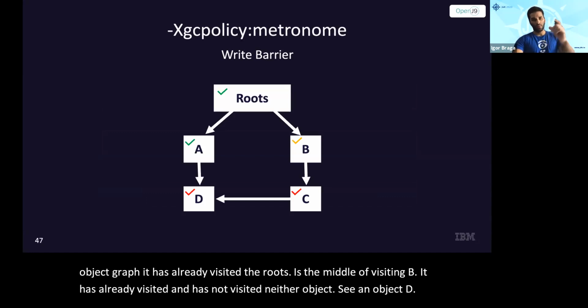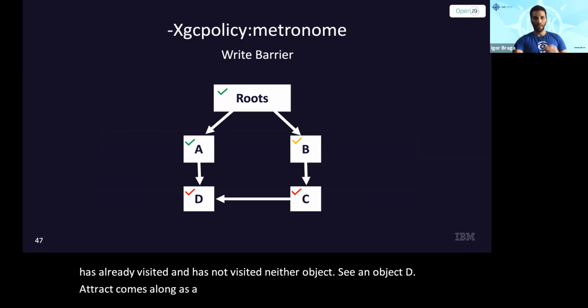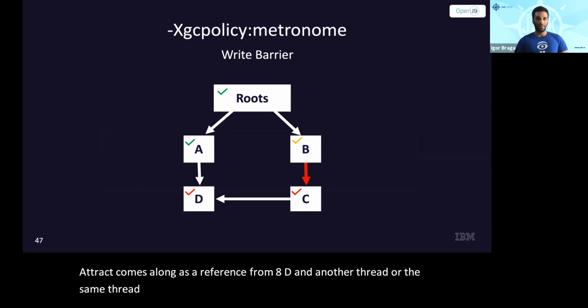A thread comes along, adds a reference from A to B, and another thread, or the same thread, deletes the reference from B to C. And that's exactly the point where the barrier is triggered.